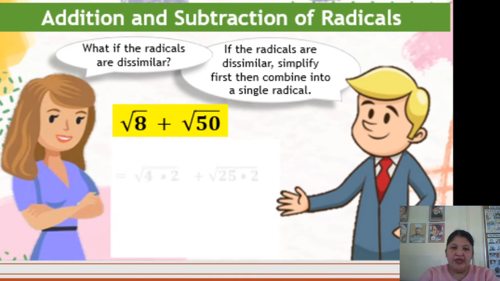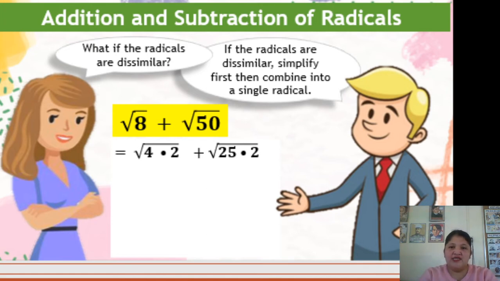The answer would be square root of 4 times 2 plus square root of 25 times 2. We think of two numbers which, multiplied with our given radicands, make a perfect square. As you can see, we have 4 and 25.